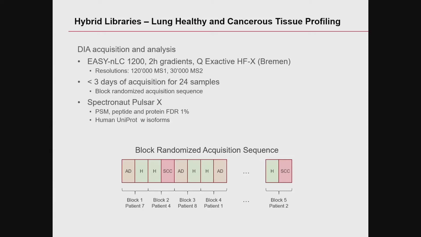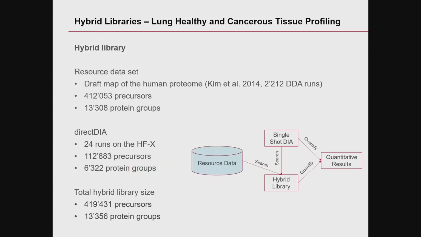Not much to mention here. Like what we normally do to avoid any bias in the label-free quantitation, we did a block randomized acquisition of the data. And we built a hybrid library as well. Actually, I'm not showing this, but also a project-specific library for this data set. And the hybrid library we generated again with this very big data set here, which in our hands really performs well for everything like cell lines or human tissue.